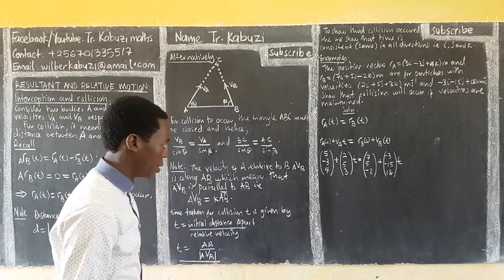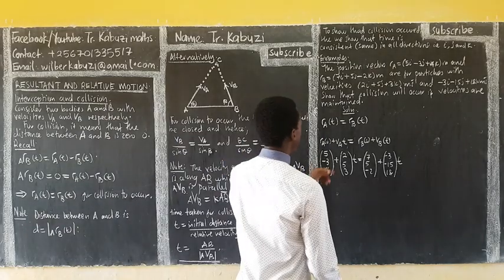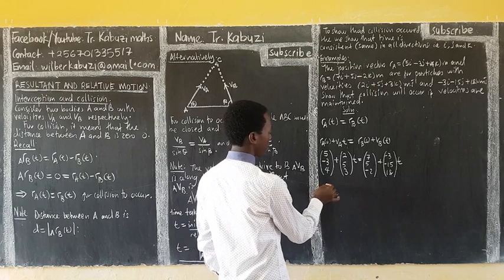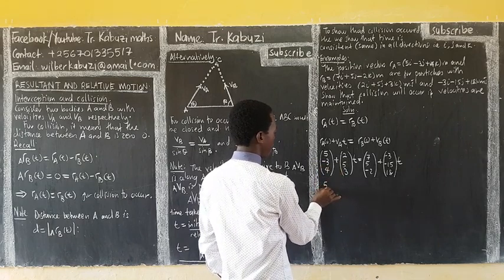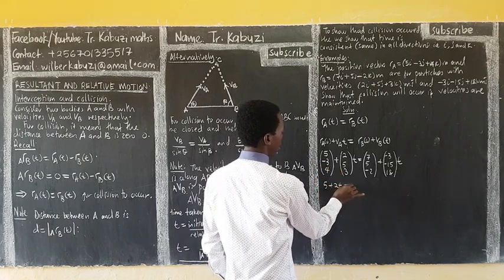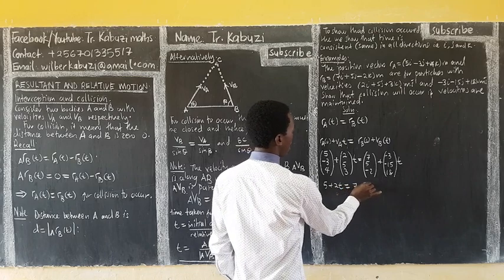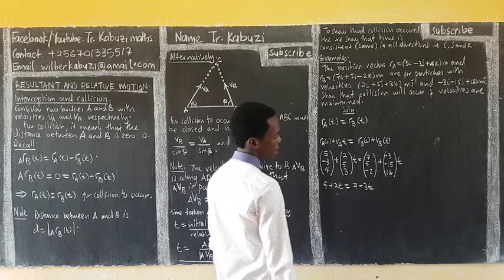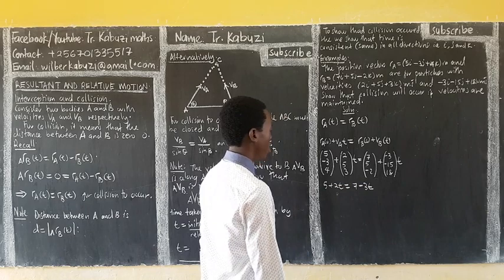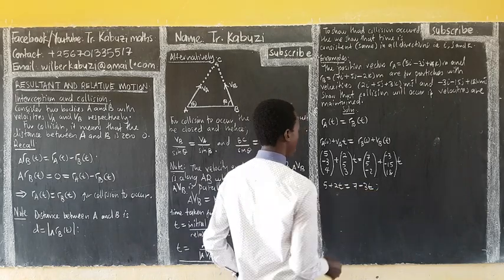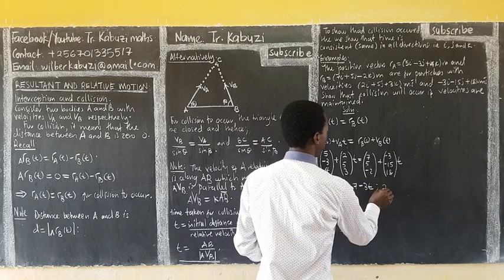And from there, we just form equations. So that we shall be having 5 plus 2t equaling 7 minus 3t.